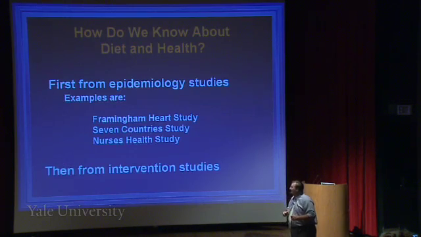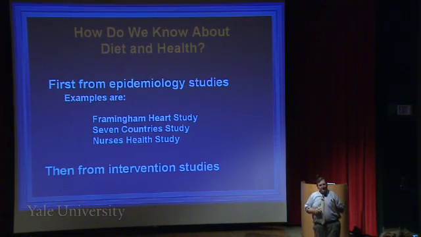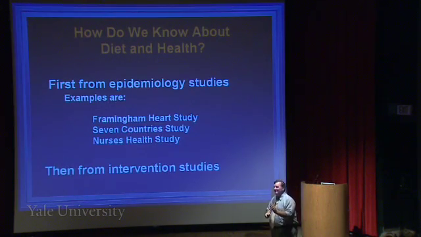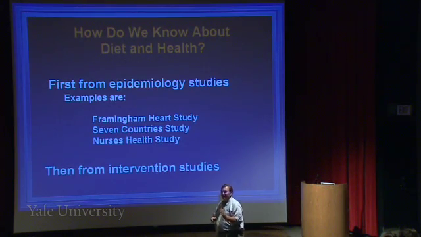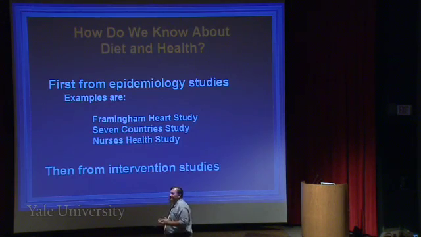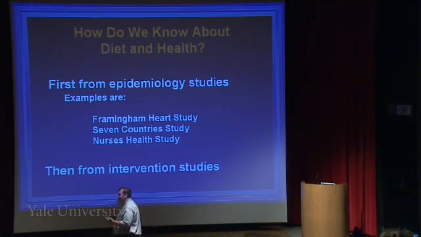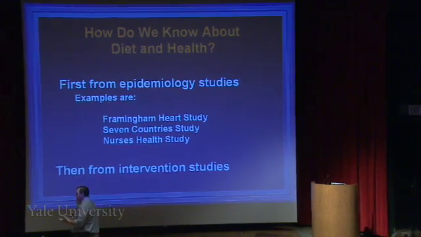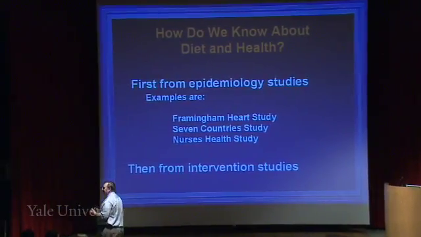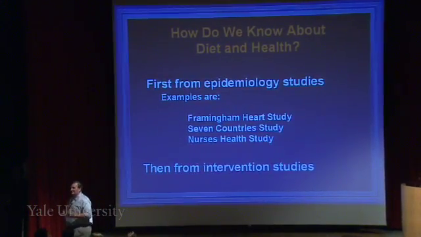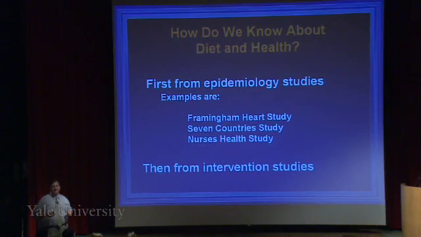Then the scientists will look at the impact of something like diet on health while controlling for the impact of the other factors. So you can try to isolate the impact of the thing you're interested in, in this case diet, on the outcome of interest, let's say heart disease or cancer. That's how epidemiology is usually done.